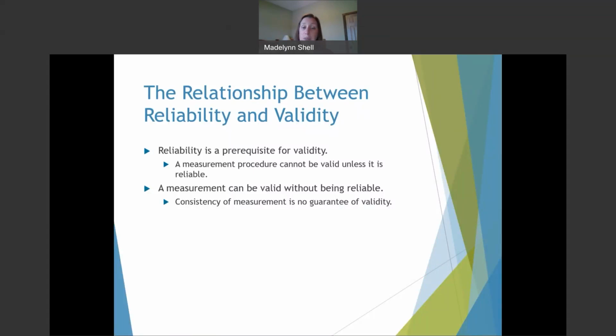A measure can be reliable without being valid. So consistency of measurement is not a guarantee of validity. So just because you get the same answer every single time doesn't guarantee that it is valid. It doesn't guarantee it's the right answer.